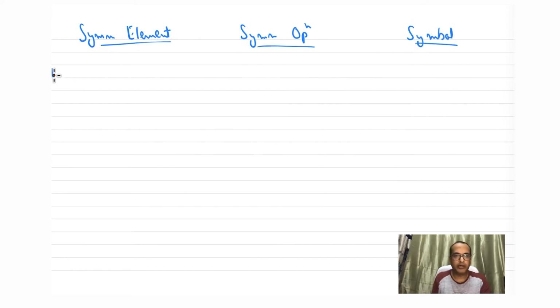And we were looking at proper axis of rotation.